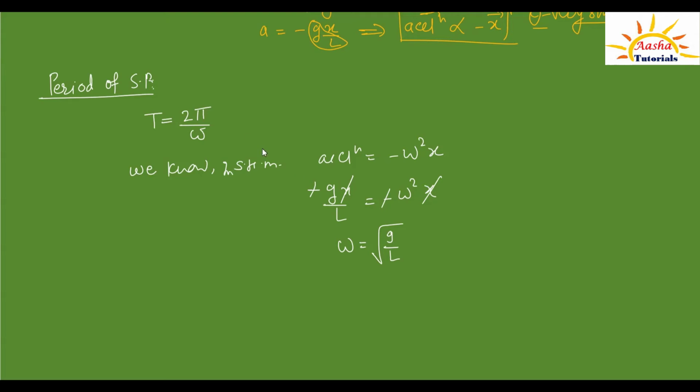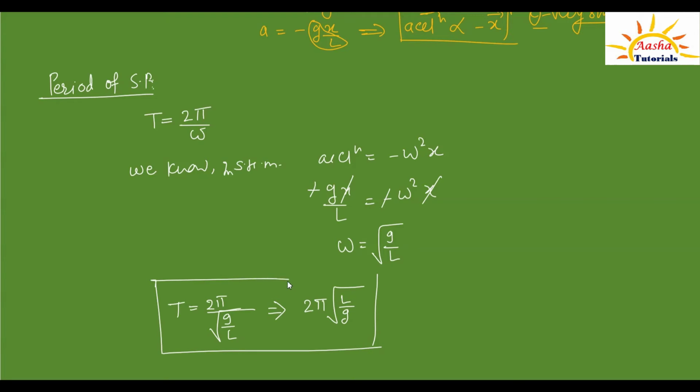If I put this value here, T is equal to 2 pi divided by omega, where omega is root of g upon L. In a more simplified form, taking the denominator into the numerator, it is 2 pi root L upon g. So the period of a simple pendulum is T is equal to 2 pi root of L upon g.